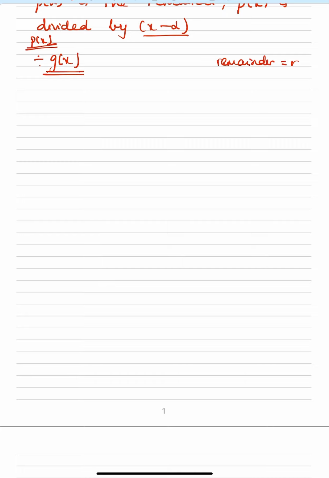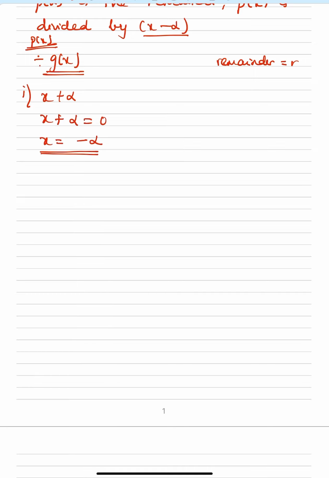Now if p of x is divided by x plus alpha, then what will be the remainder? Because it is a linear equation, I can write x plus alpha is equal to 0, hence x is equal to minus alpha.